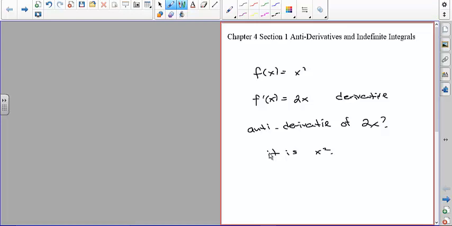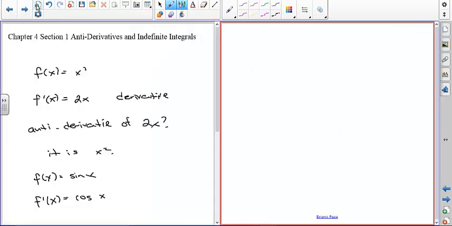So let's think of another one. Let's say f of x equals the sine of x. From derivative land here, the derivative of sine of x is cosine of x. So then I'd say, what is the antiderivative of cosine x?